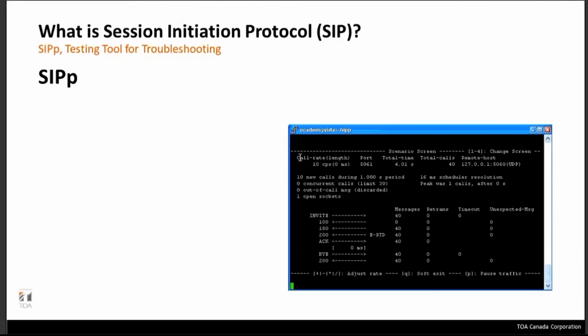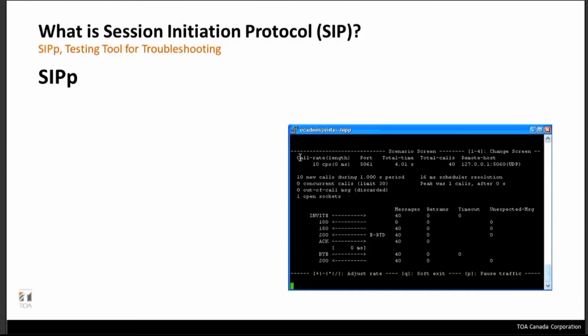Each environment has a different kind of deployment, but this gives you a tool to understand, from one call to another, how my legs go from one point to another. If you see the whole flow of the SIP environment, you can see I'm sending a request and getting responses. So this gives you a very good idea for troubleshooting.